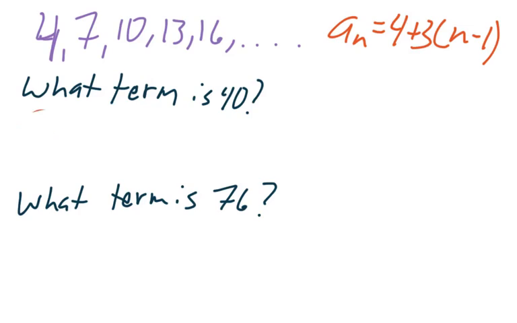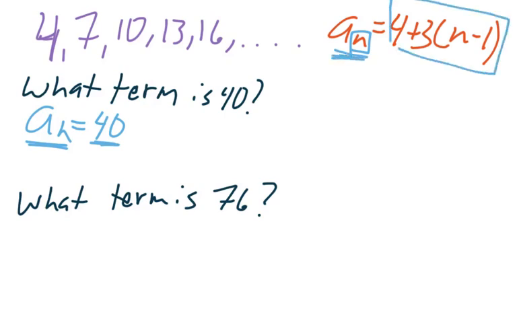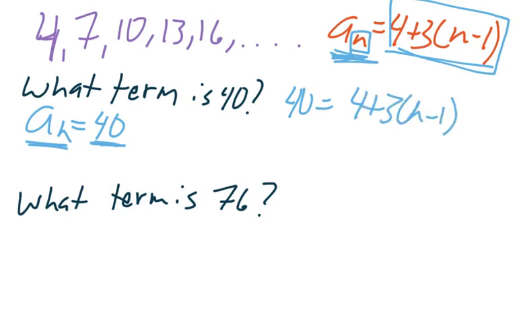This time we are finding out what n is. We know a of n equals 40. Since a of n equals 40 and a of n equals 4 plus 3 times n minus 1, that means those two are going to be equal to each other, since they are equal to the same thing. So 4 plus 3 times n minus 1 equals 40.